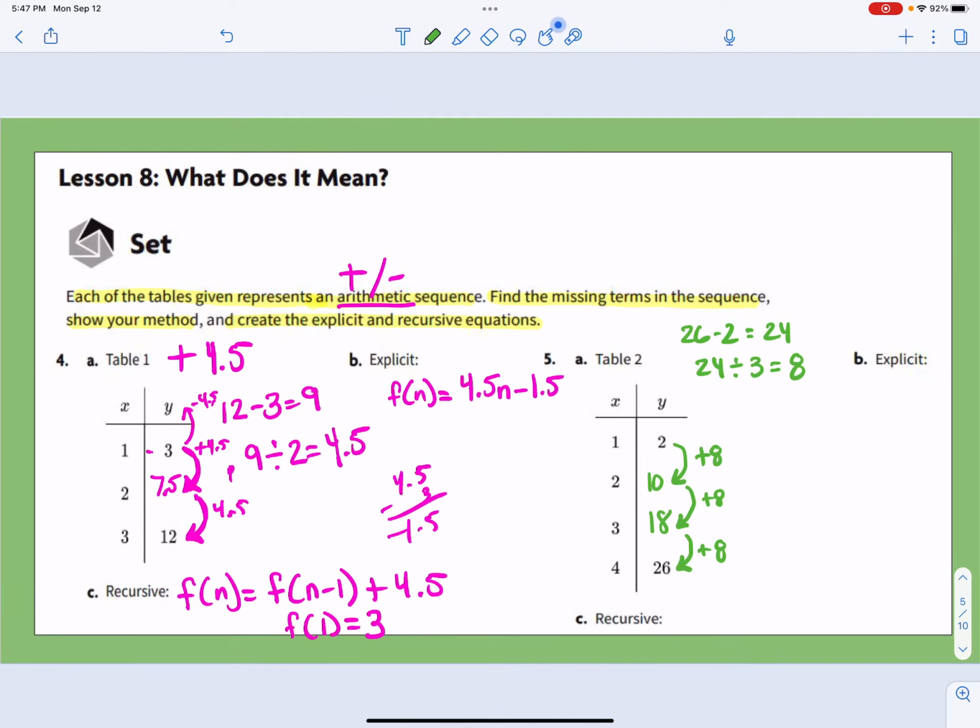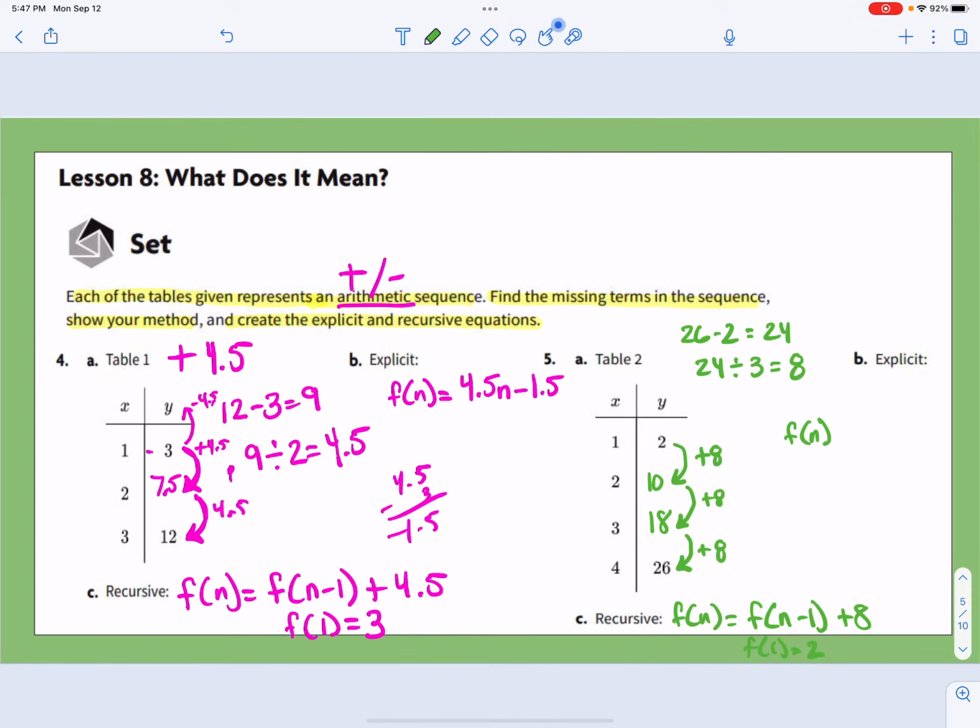Okay, so my recursive, first of all, is f of n equals f of n minus 1. And what are we doing? We're adding 8. This works when f of 1 equals 2.